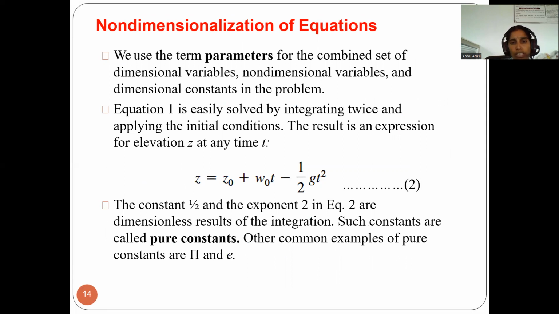Equation 1 is easily solved by integrating twice and applying the initial conditions. The result is an expression for elevation z at any time t: z equals z0 plus w0 t minus one half g t squared. The constants and the exponent in equation 2 are dimensionless results of the integration. Such constants are called pure constants. Other common examples of pure constants are pi and e.